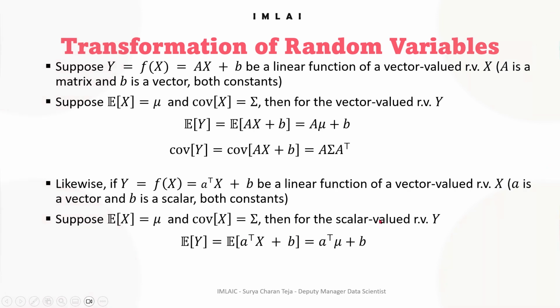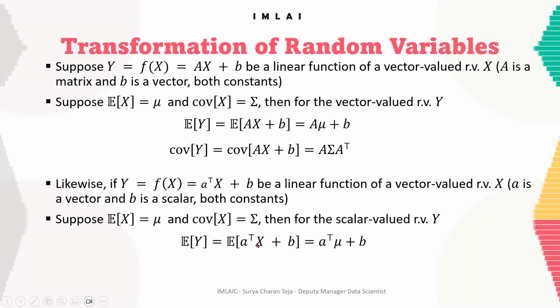Then for the scalar valued random variable Y, the expectation of Y is equal to the expectation of A transpose capital X plus B, because that's the function we have.